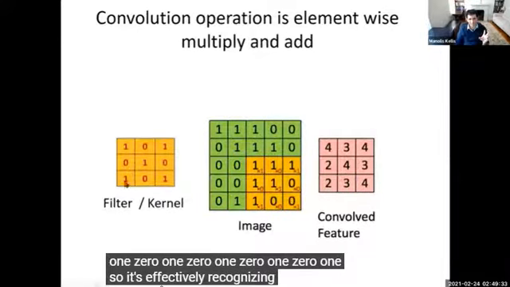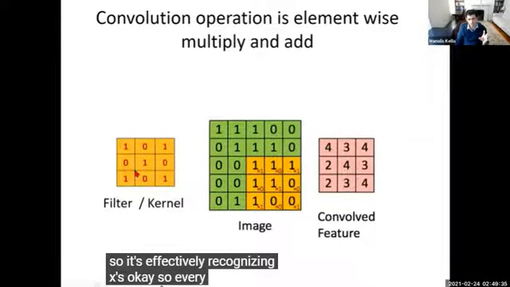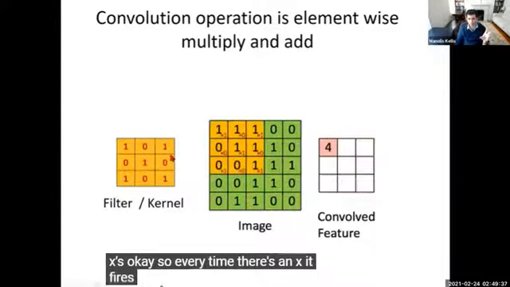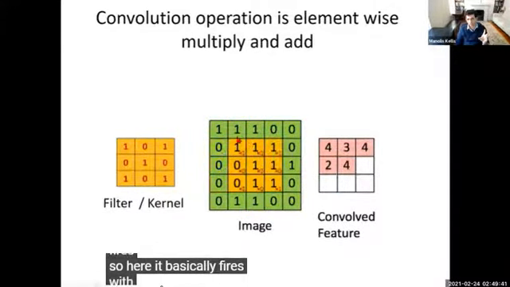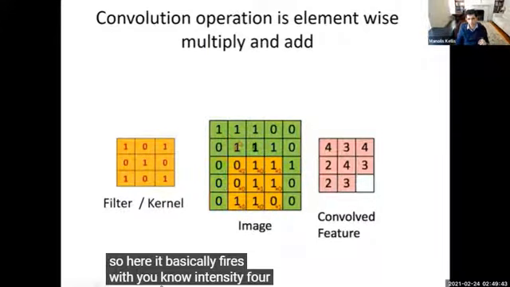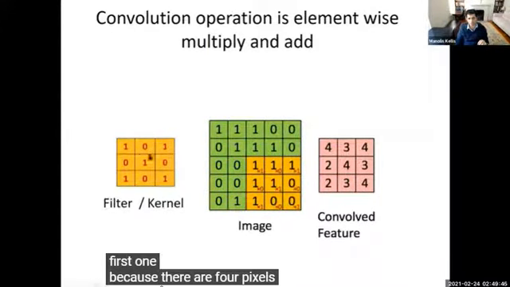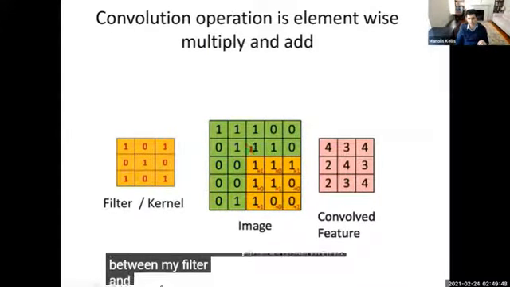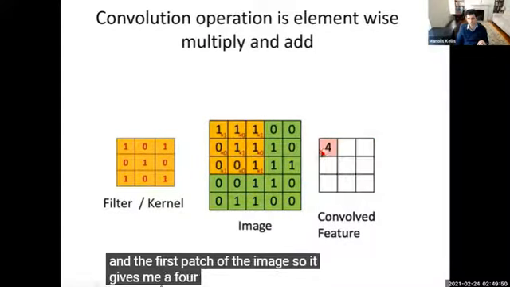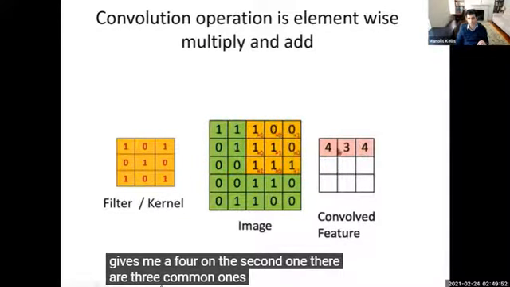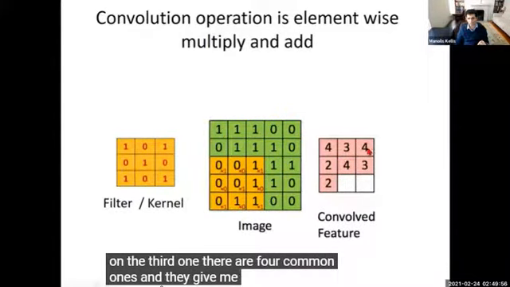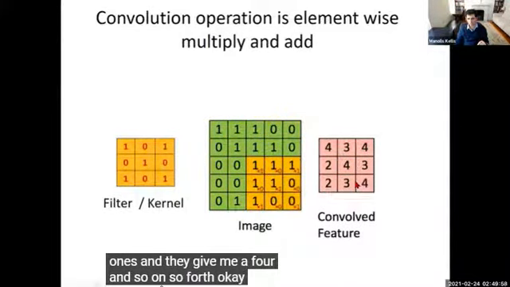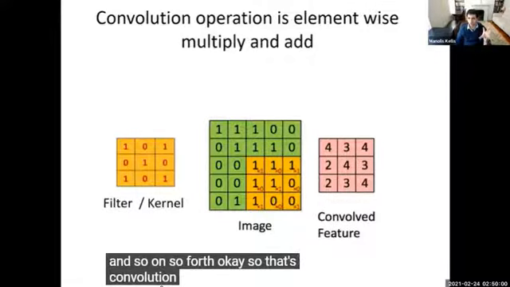So it's effectively recognizing X's. Every time there's an X, it fires. So here it fires with intensity 4 in the first one, because there are 4 pixels in common between my filter and the first patch of the image. So it gives me a 4. On the second one, there are 3 common ones, so it gives me a 3. On the third one, there are 4 common ones, and it gives me a 4, and so on and so forth. Okay, so that's convolution.